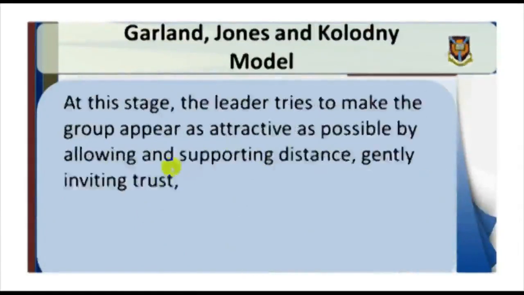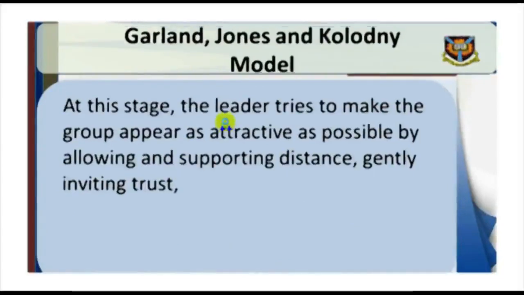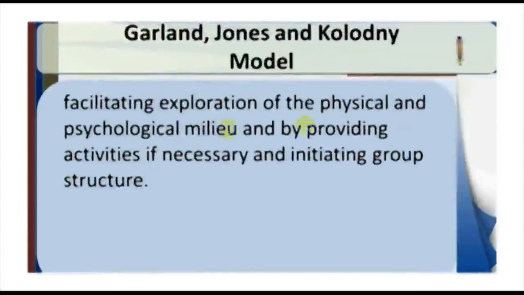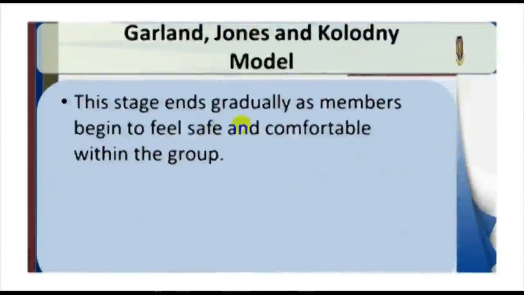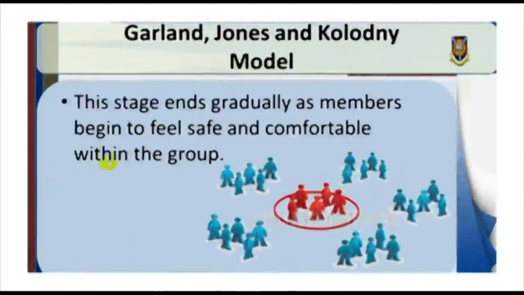During this stage, the leader tries to make the group appear as attractive as possible by allowing and supporting distance, gently inviting trust, facilitating exploration of the physical and psychological milieu, and by providing activities if necessary and initiating group structure. This stage ends gradually as members begin to feel safe and comfortable with the group.